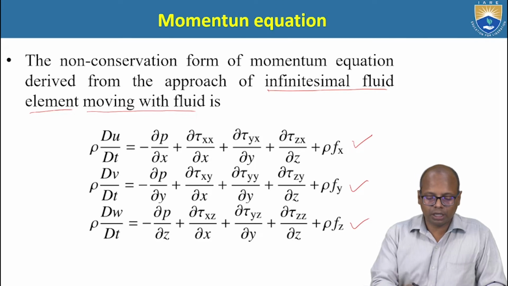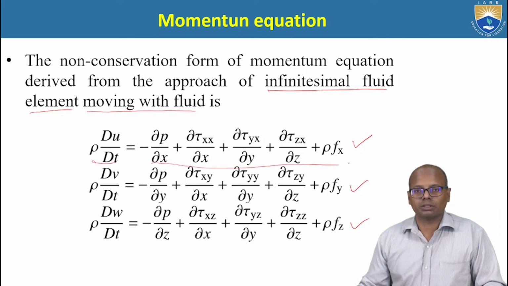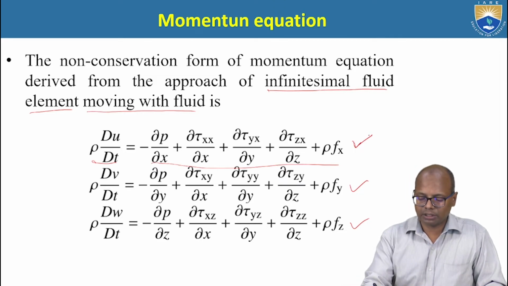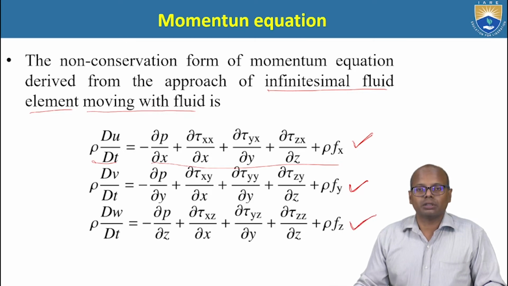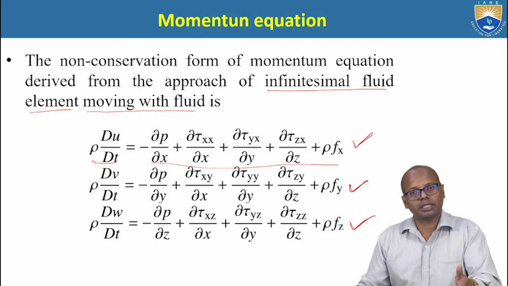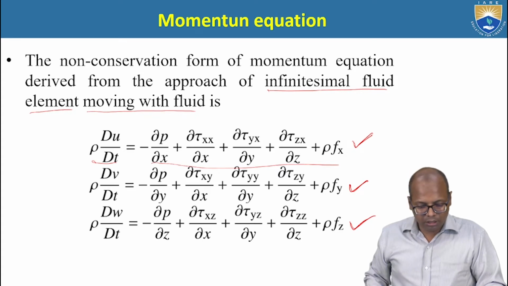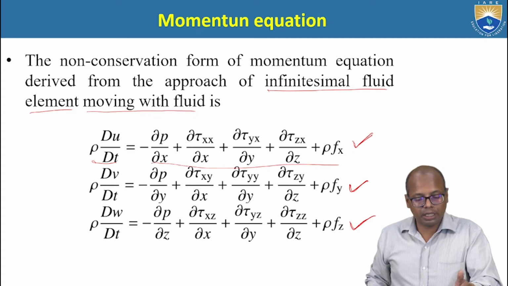Now here we have, this is one and this is the other. So left hand side, right hand side, and this is x equation, y equation and z equation. So first we will do the conversion for the x form. Similarly we can write it for the other two forms also. Okay. We will take up the LHS.